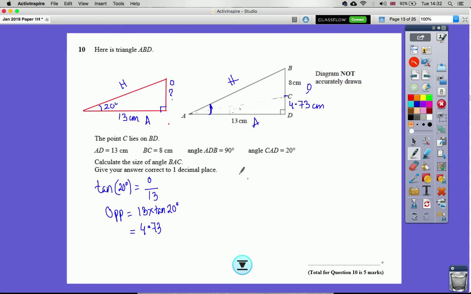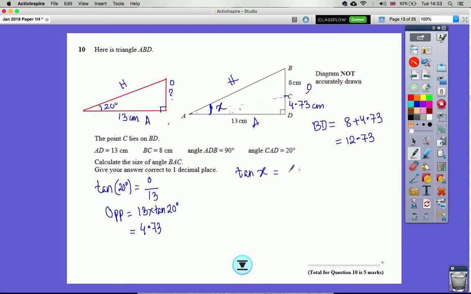Let's say the angle is called X. So tan X is equal to opposite over adjacent. The length of BD, which I have just worked out, is equal to 8 plus 4.73, which is 12.73.